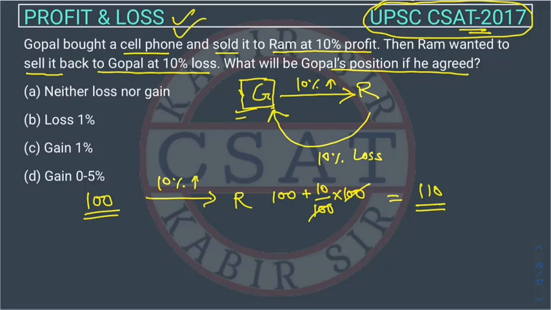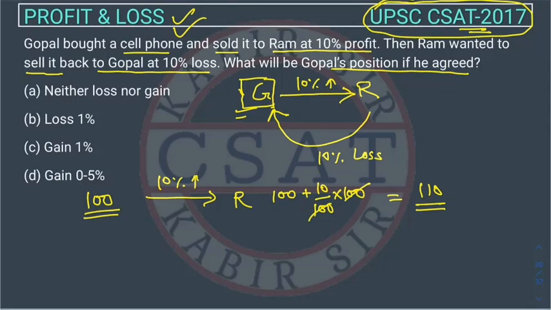Now what did Ram do? Ram didn't like the mobile or Ram used it, and after some time he sold it back to Gopal, saying to Gopal, you buy this mobile at 10% loss. As I told you, Ram is again selling this to Gopal at 10% loss. So we'll calculate over this price because this is the Ram price.